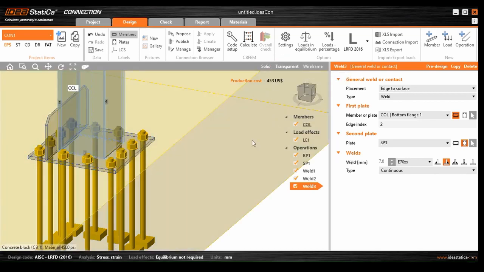So create a copy of weld 3. Now we should only change the first plate to column top flange 1.